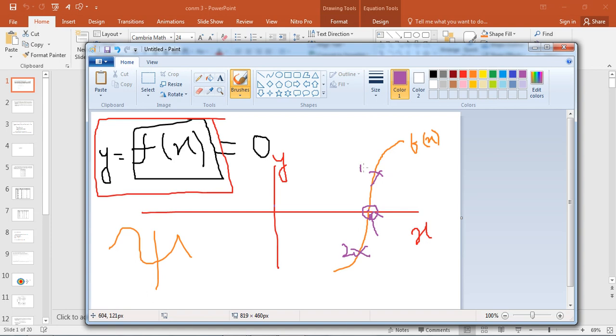Then when I iterate, I will find another value, then again another value, and in this way it will either converge to this particular point or it will diverge. If it diverges, then we will never get a solution to that equation. But if it converges, in that case I will be able to get my results. How we do that, we will be seeing in our following classes.